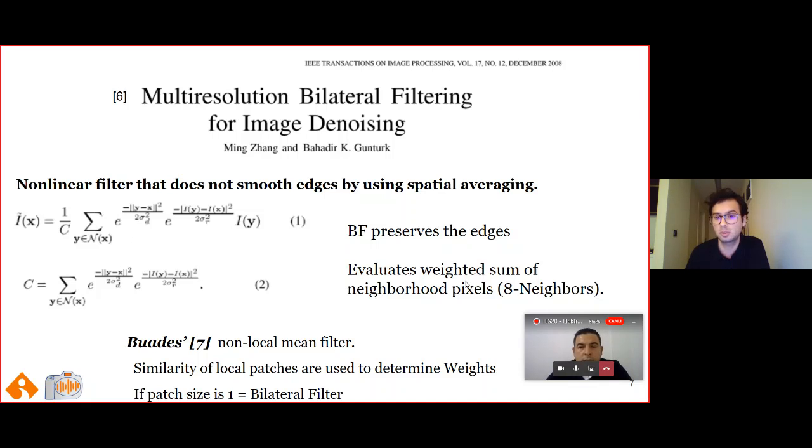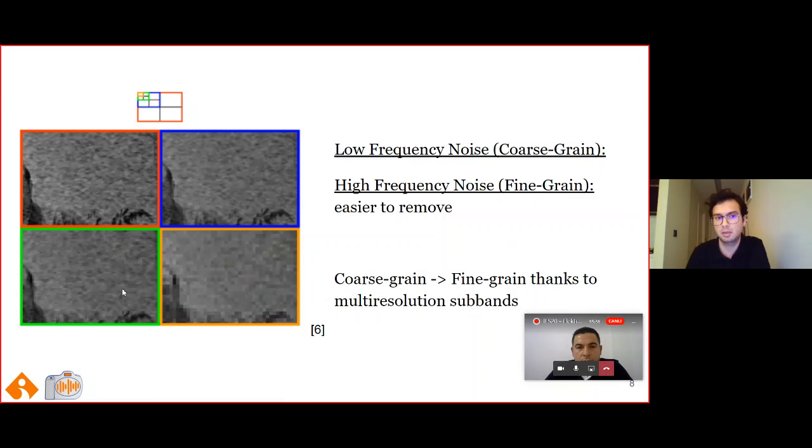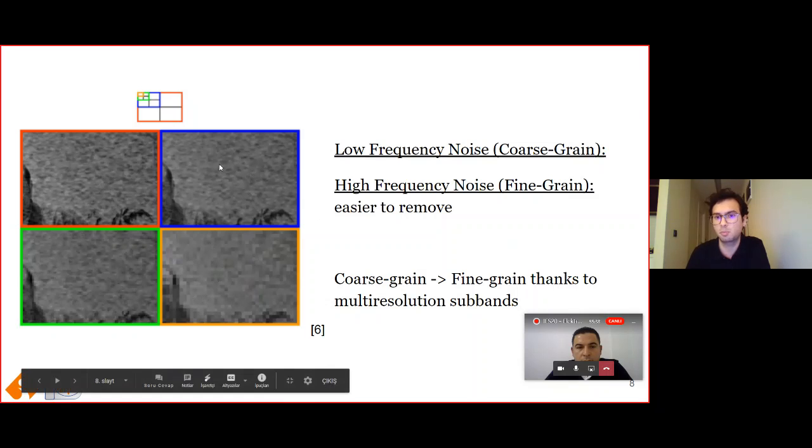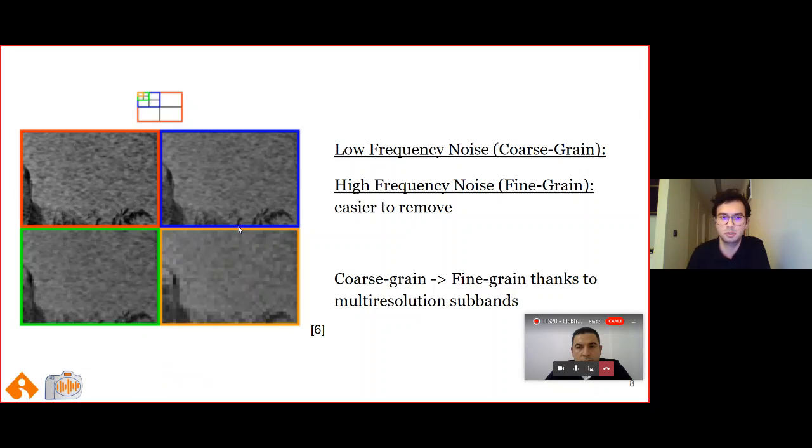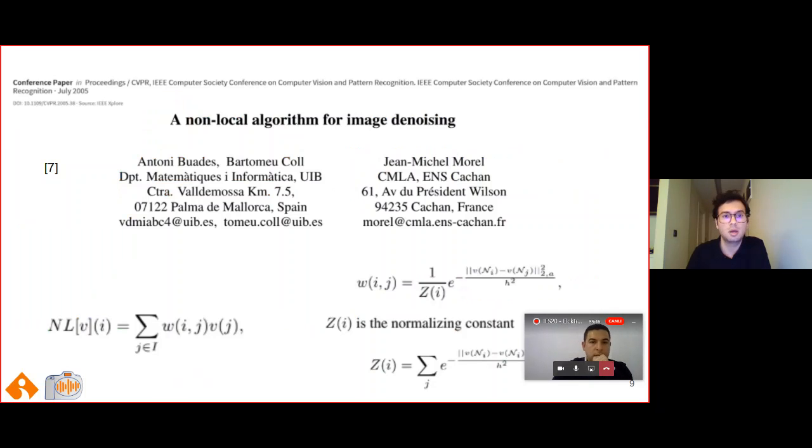Of course, in this method they are not using just the pixel values themselves, but they are using neighborhood pixels here. You can see the multi-scale application; it's important because by using that you can change the frequency behavior, but it's not important for us now.